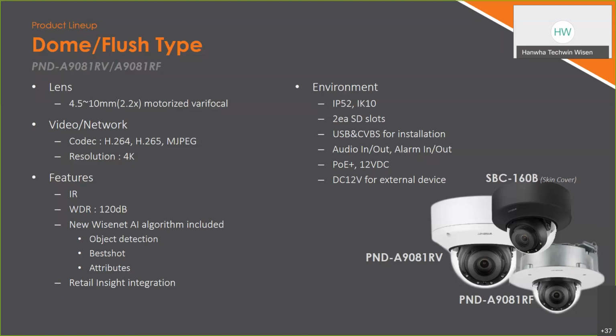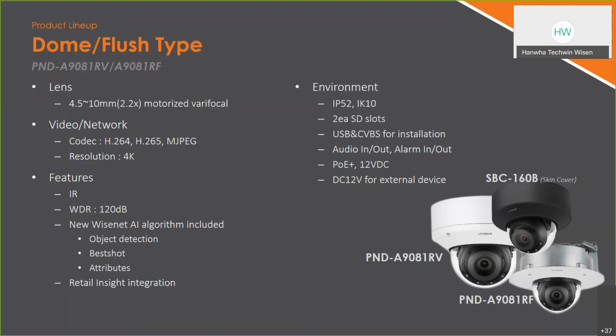Of course, it will have every video analytic, same as our other models, which is simply motion detection, defocus, line crossing, and virtual area enter, exit, and appear, disappear. It will also have AI functions, which are object detection, best shot and attributes.